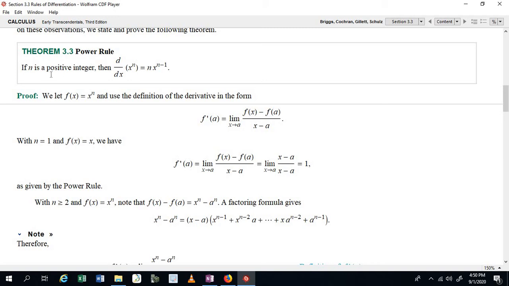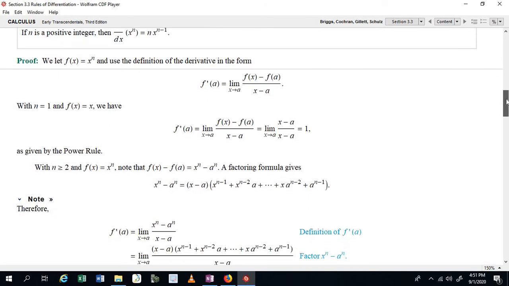So this is actually true not just for n being a positive integer, but it's also true if n is any real number. And later on in the book, they do mention this as another theorem. But I think it's important for you to go ahead and realize that this rule is true for not just n being a positive integer, but for n being any real number. Okay, so that's called the power rule.